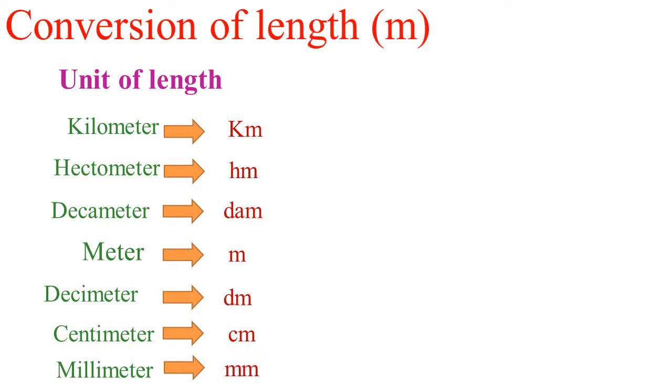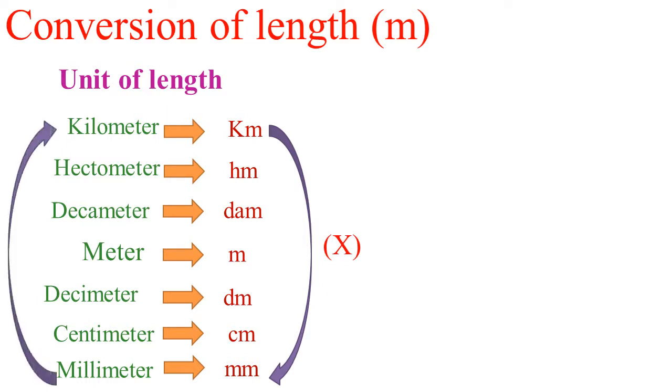So here we can convert units of length from one unit to another unit by multiplying or dividing. For converting a bigger to smaller, we multiply. Next, for converting smaller to bigger, we divide. Let's see some examples.